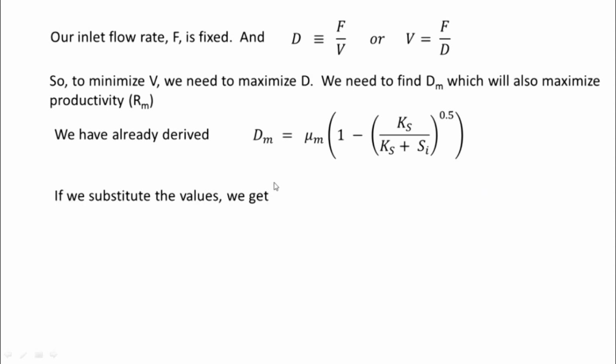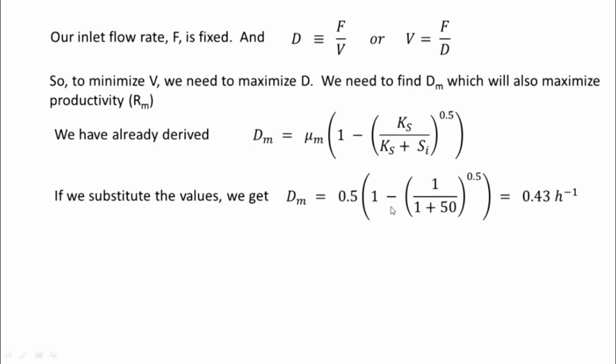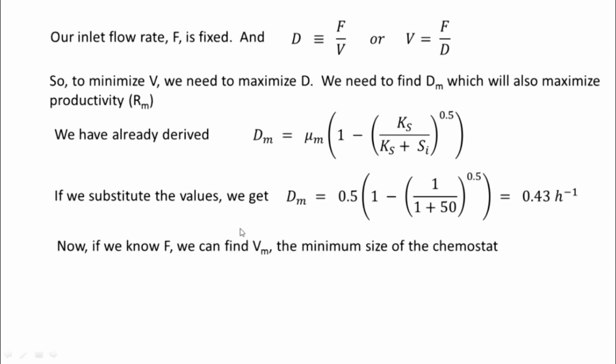Now, if we substitute the values given in the problem, we get Dm equals 0.5 as mu m, times 1 minus the square root of Ks, which is 1 gram per liter, over Ks plus Si, with Si being 50 gram per liter. If we calculate the value, it will turn out to be 0.43 per hour. You need a calculator to do this. If we know F, we can find Vm, the minimum size of the chemostat.